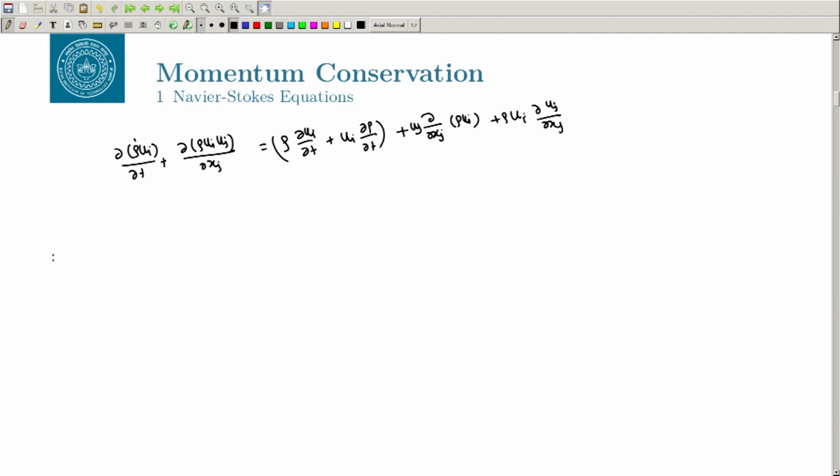So, what I am trying to do is use this mass conservation relation to put it in a form where the rho is outside.